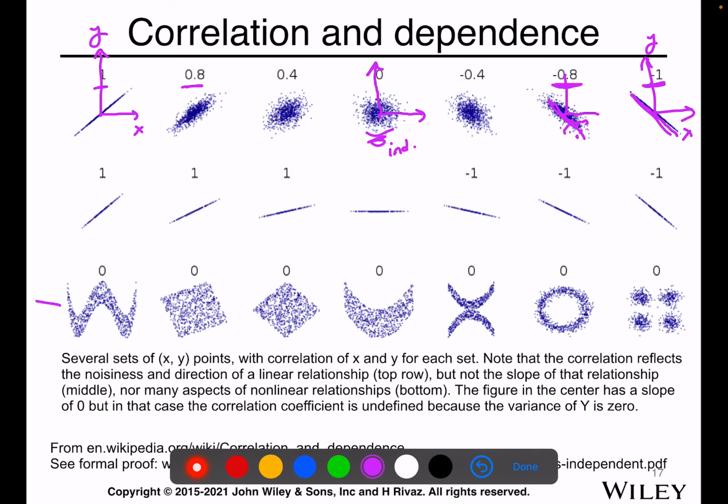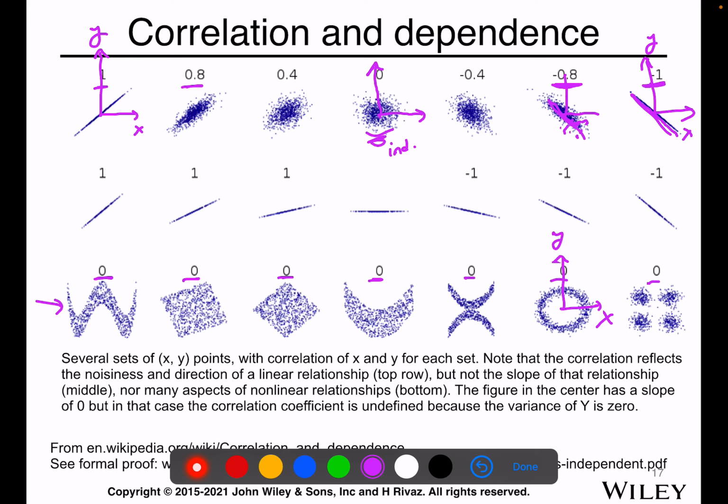Basically the third row of this graph shows us many examples where the correlation is zero, right? So this is correlation. The correlation between x and y is zero, but so this is y and this is x. The correlations are zero, but x and y are dependent on each other.